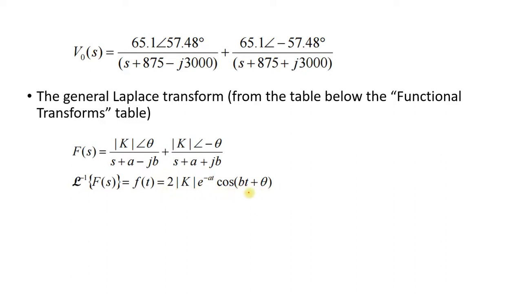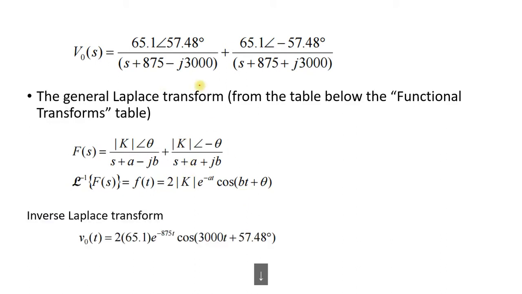Just remember this formula. So this equation is similar to this equation. So here k is equal to 65.1 and theta is equal to 57.48. Okay, here a is equal to around 875 and b is equal to 3000. So substitute these values. So the final value of v of t is equal to this thing.